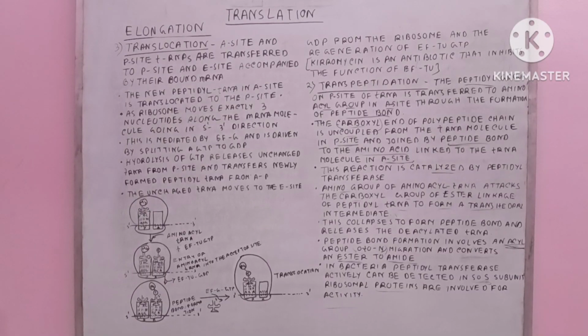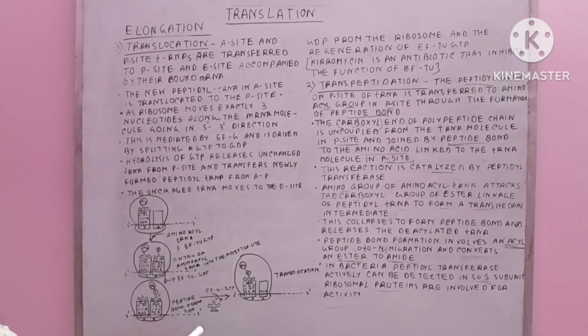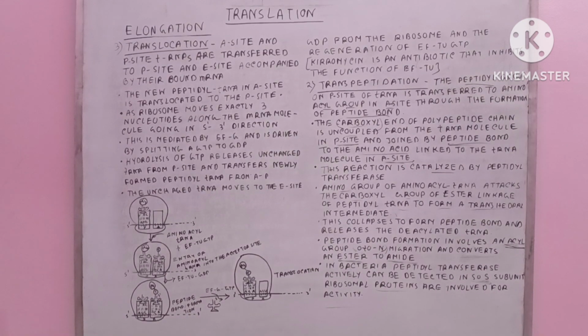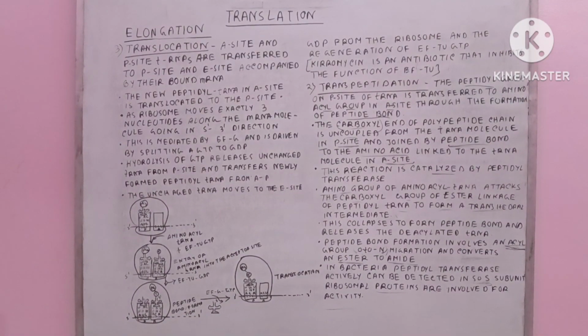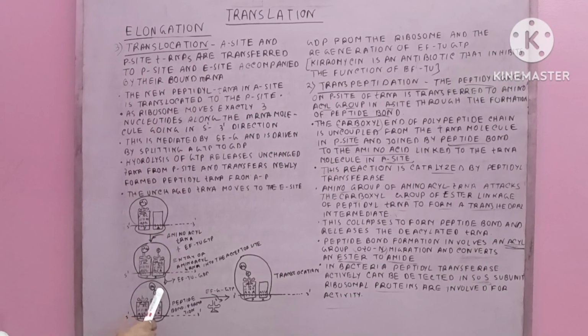Next, you can see what happened to this tRNA. Now EF-G GTP is added here, and the tRNA that was already bound to the P site is released. So what happened to this one, which has already formed the peptide bond and is present in the A site?